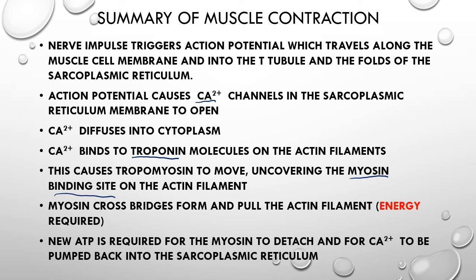Once it forms that cross bridge, it can then go through its power stroke, pull it towards the center. New ATP is going to come along, and it's going to weaken the bond between the actin and the myosin. That's going to cause the myosin to detach. ATP can then be hydrolyzed. We can reset the myosin head, and it's now ready to go all over again.